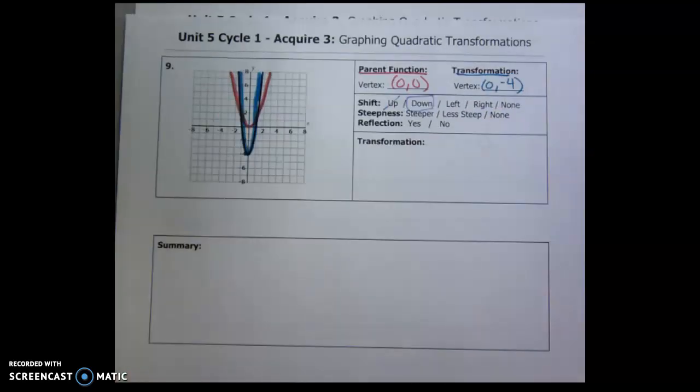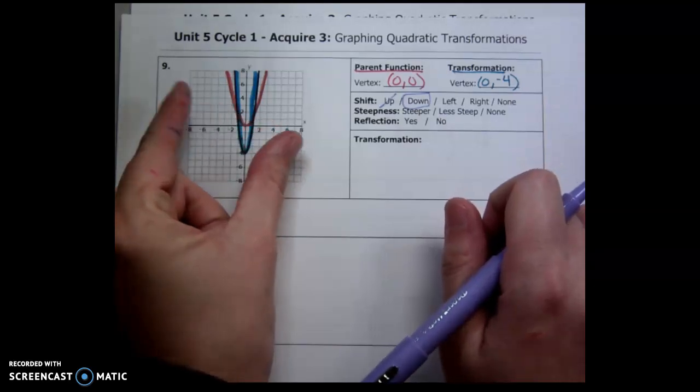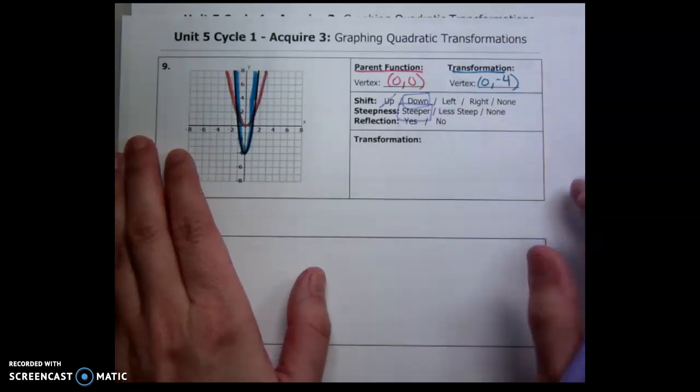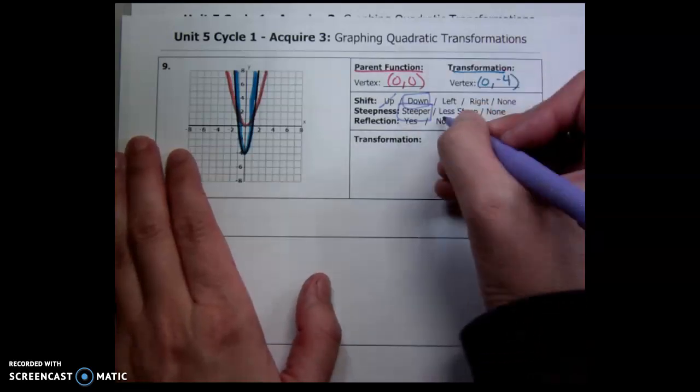Steep. Okay, so now we're checking for steepness. Did it get steeper or less steep? Did it get narrower or wider? This one got steeper, got more narrow. Is it a reflection? Did it flip upside down?